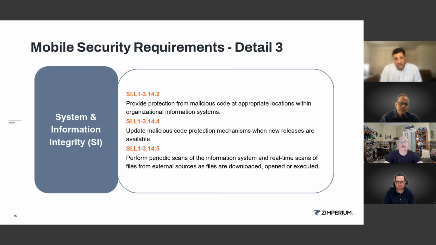And from 800-171, this includes protection against viruses, spyware, Trojan horse applications, and ransomware. So again, when you're doing your assessment, you're documenting how you're protecting against these on the device in real time in the mobile environment.